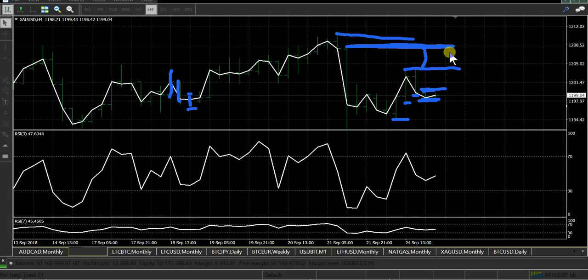So it is so hard to talk about the market, because even in the simplicity of saying higher highs and higher lows, like I said before, this is a higher low than this, but this is a higher low than this.